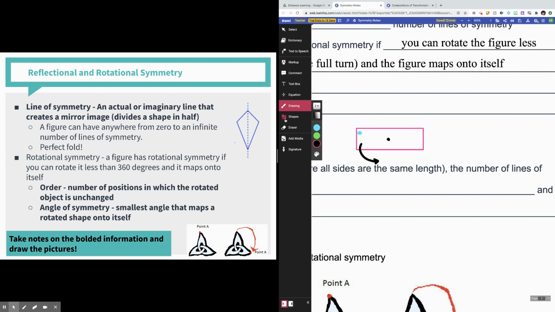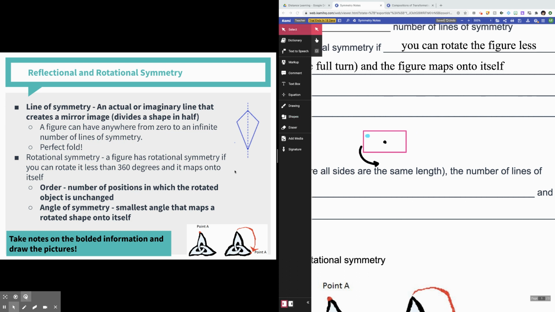Actually, hold on one second, y'all. I need to pause this real quick and redo this rectangle because I'm going to run out of space and run into some stuff. Okay, there we go. I changed the size of my rectangle so that it wouldn't completely block these other lines here.